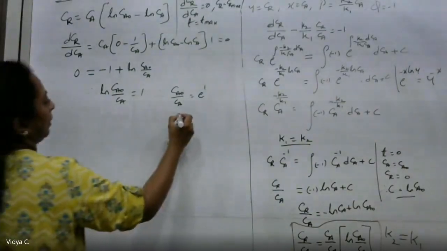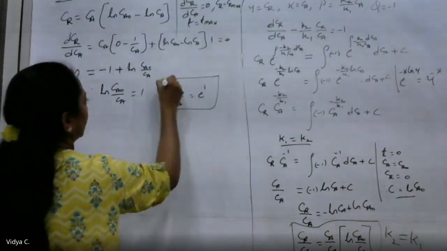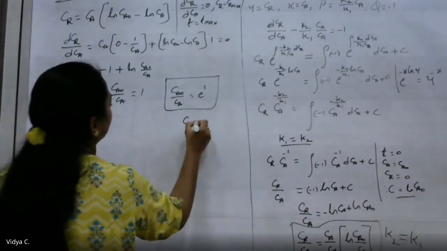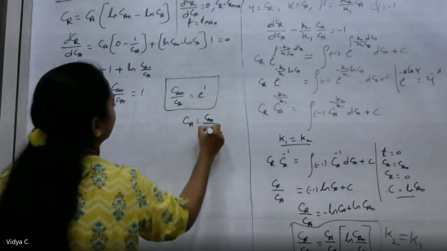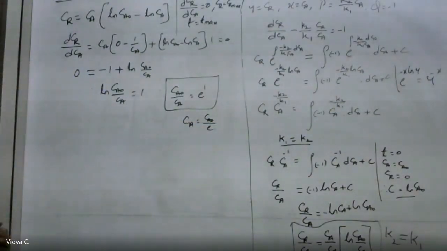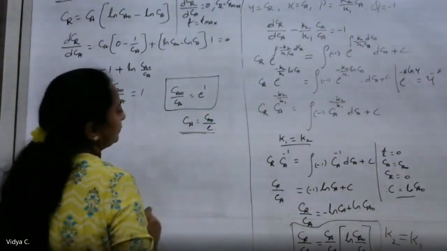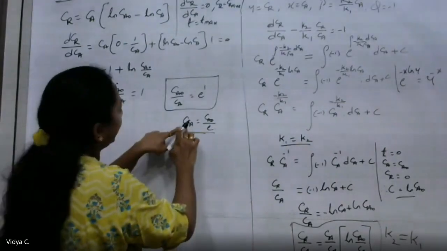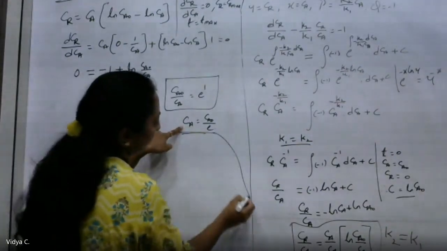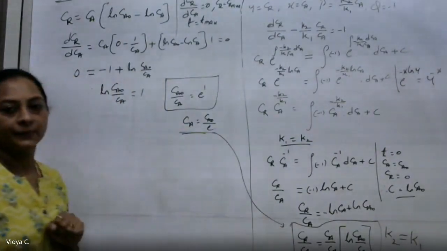Or CA is equal to CA naught by E. This is what you can write. Now I have got an expression for CA. So this CA has to be substituted in this equation to get CR max.